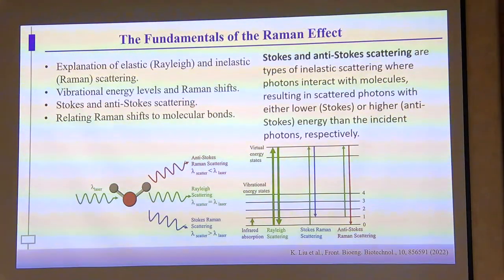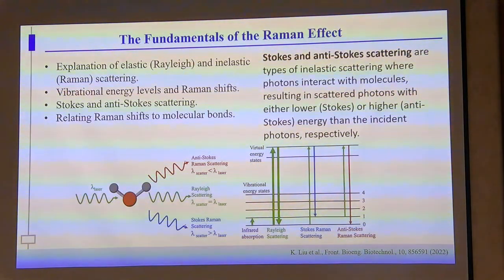One is anti-Stokes-Raman scattering, where lambda scatter is less than lambda laser. The second is Rayleigh scattering, where lambda scatter is equal to lambda laser. And third is Stokes-Raman scattering, where lambda scatter is higher than lambda laser. This is one example of inelastic scattering that's used for imaging and chemical analysis of your sample.